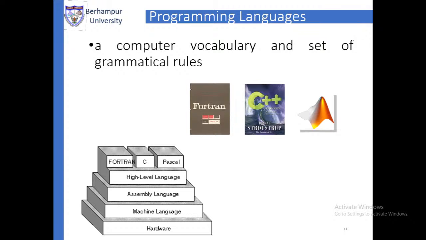In electronics, the computer is designed based on digital electronics. In digital electronics, we have only two states. One is the 0 state or off state, and the other is the on state or 1 state. So related to the off state we have 0, related to the on state we have 1.